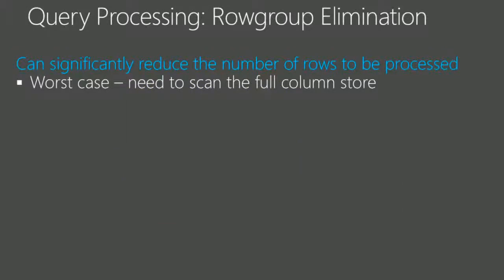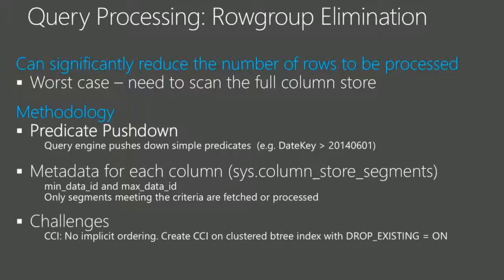I want to spend some time on row group elimination. It doesn't matter if you have a 1 row group table or a 2 row group table, it's no big deal. But when you have hundreds or thousands of row groups, elimination is a very important concept. So what you need to do is somehow order the row groups on a column that is most commonly used.